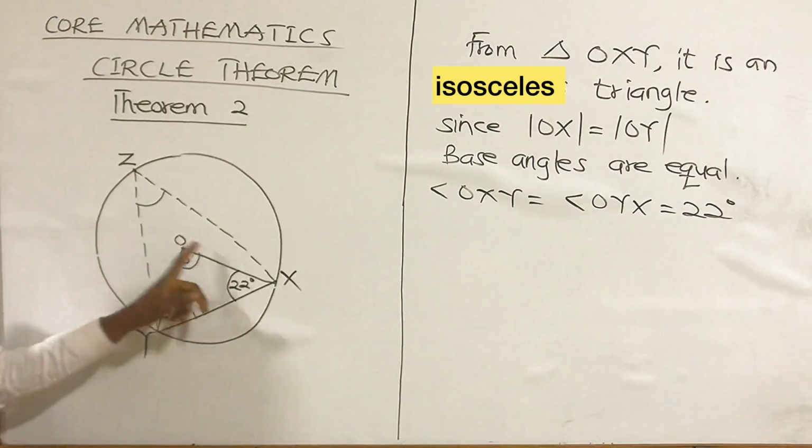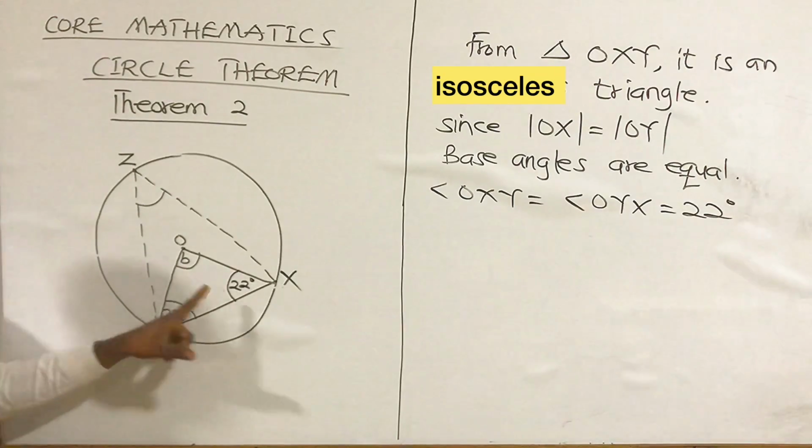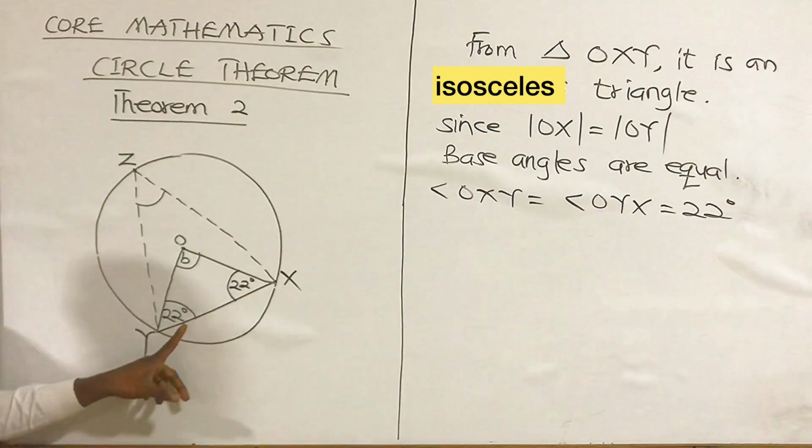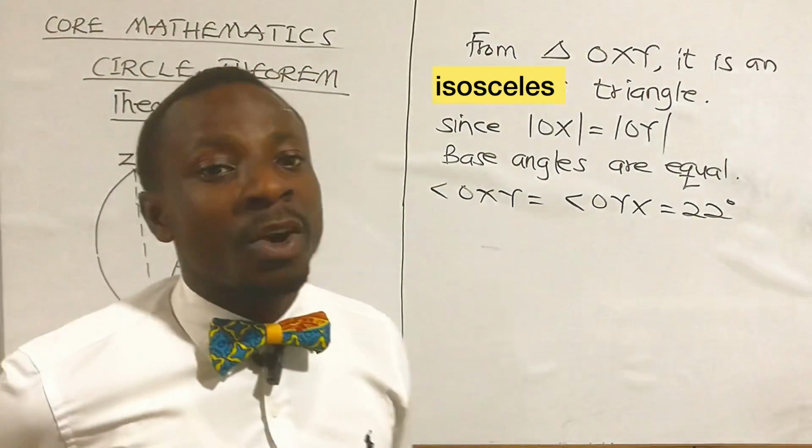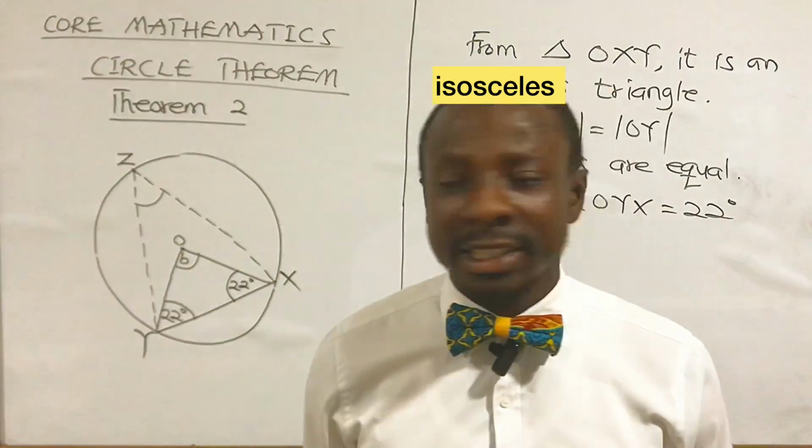And from triangle OXY, B plus 22 degrees plus 22 degrees. When I put everything together, I'll be getting 180 degrees.